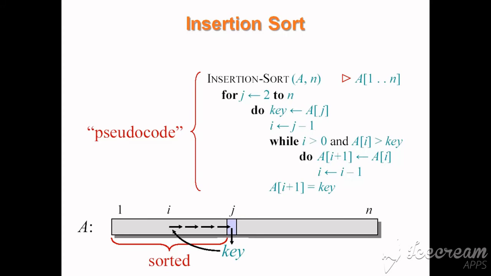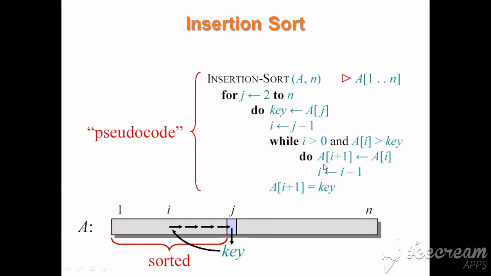The inner while loop executes until we reach the leftmost position, that is index value 0, where no more values are available to compare, and as long as the key value is smaller than A[i]. So if these two conditions are true, the block will be executed.